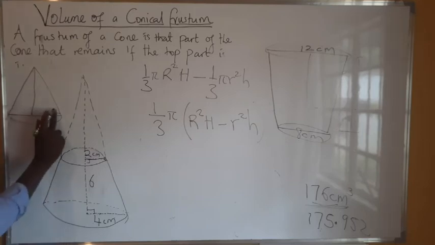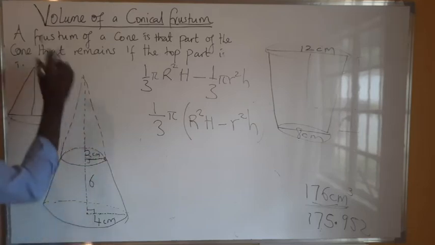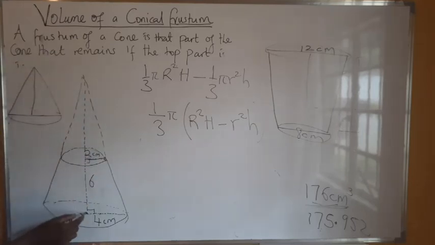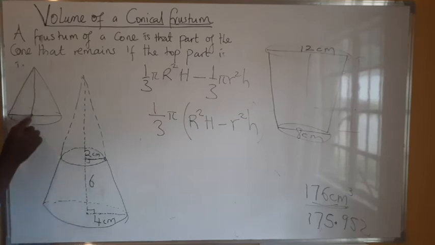So we are looking at the perpendicular height of the bigger cone. We know that from this point up to somewhere here, it's 6. So we know that this is 6 here.